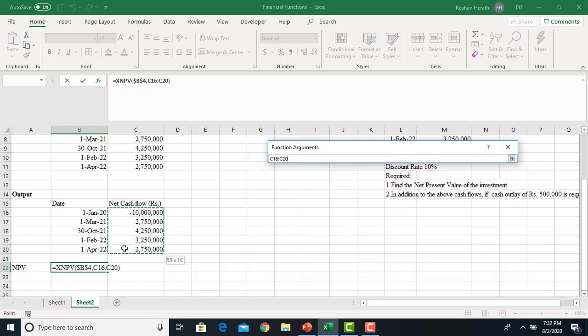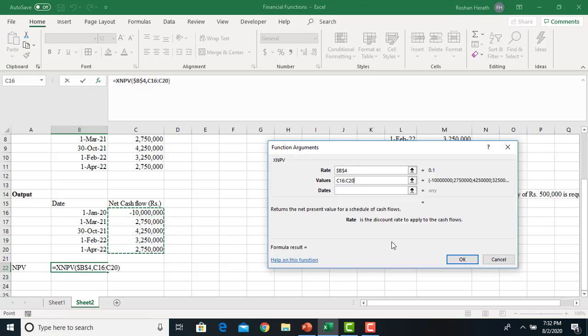Then if you wish, you can make them constant. Even the dates, from the first date to the last date, you select them accordingly. So here it gives you the cash flows in the values and the corresponding dates.